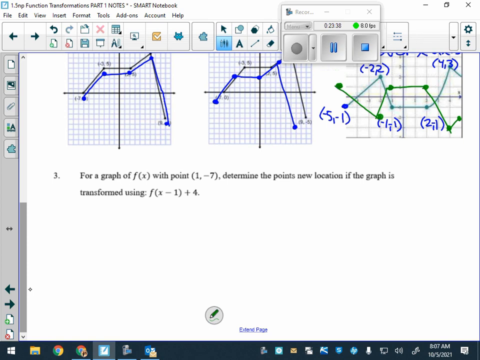Okay? So, for a graph of f of x with point 1, -7, determine the point's new location if the graph is transformed using f of x minus 1 plus 4. So what transformations are happening? What is 1?